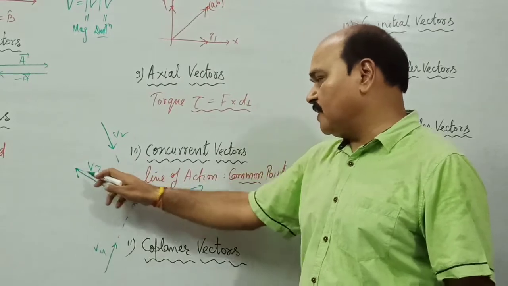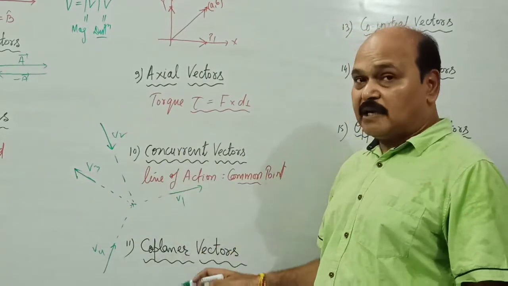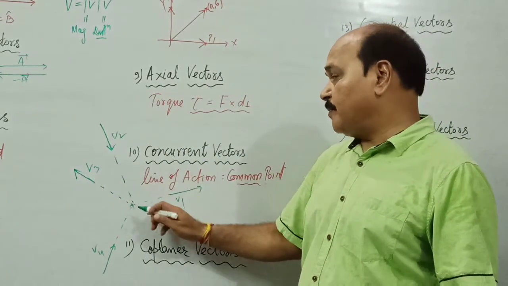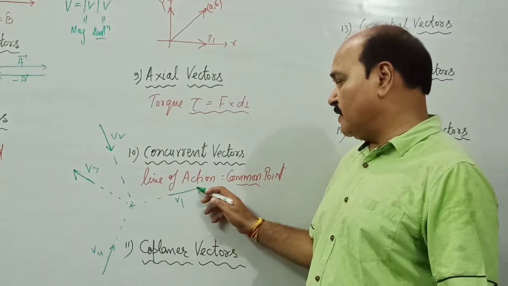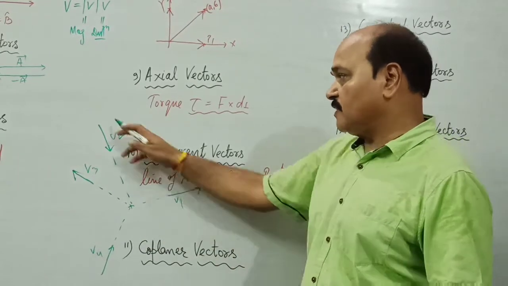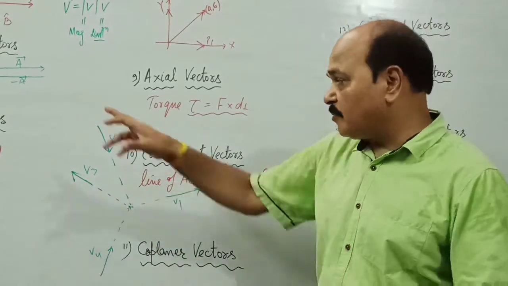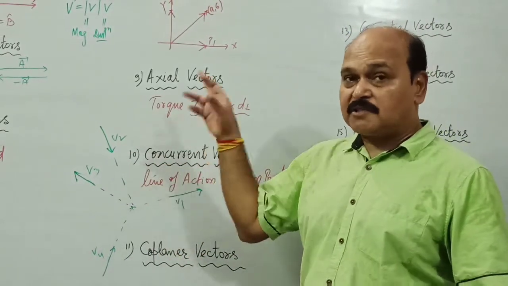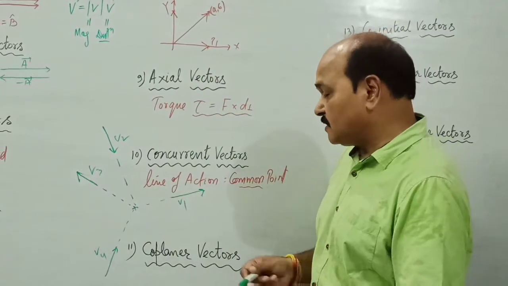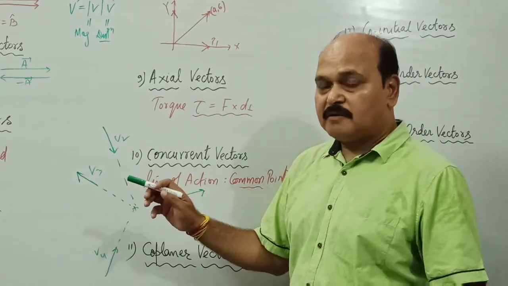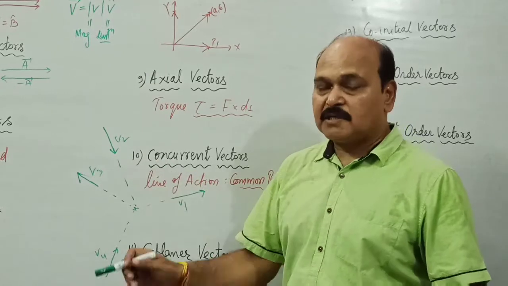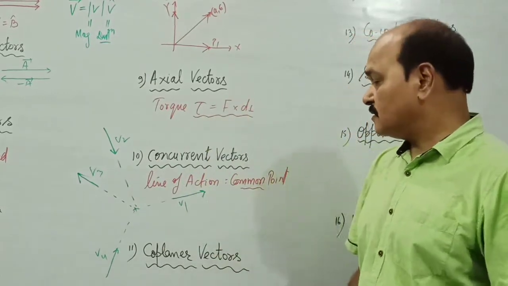When their lines of action are extrapolated, they pass through this common point. All these vectors are in different directions, but their lines of action pass through a common point. So all these 4 vectors are concurrent vectors.